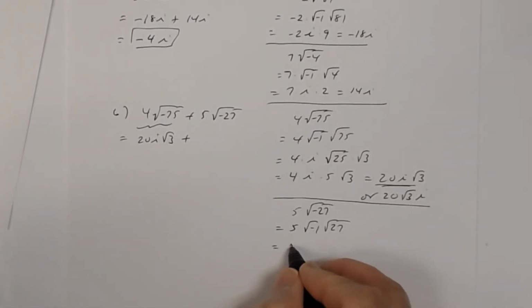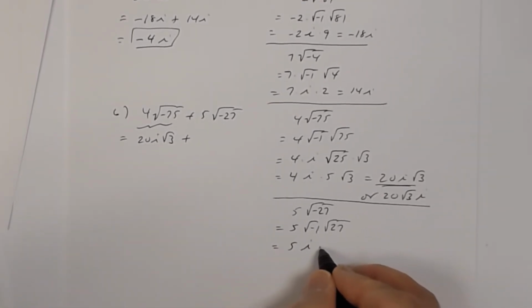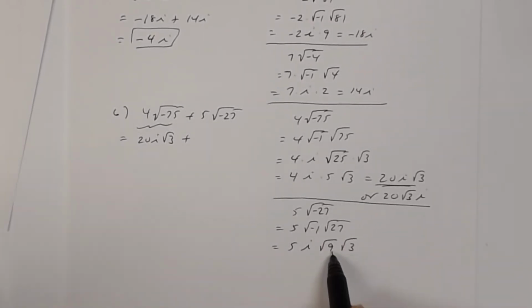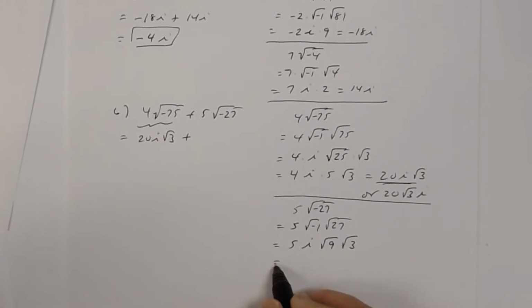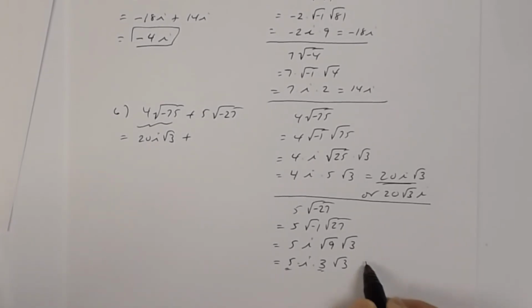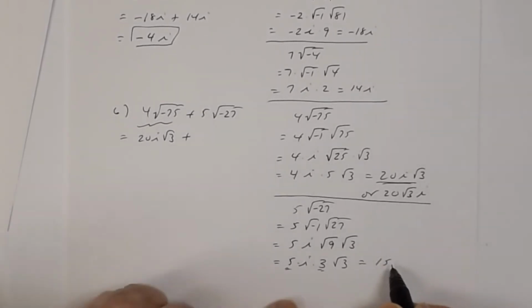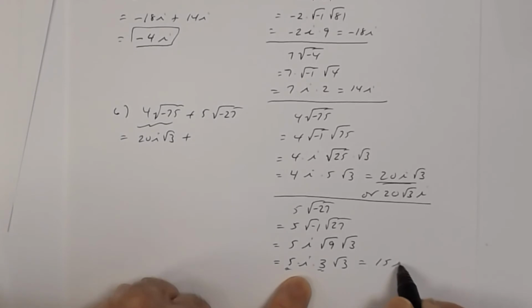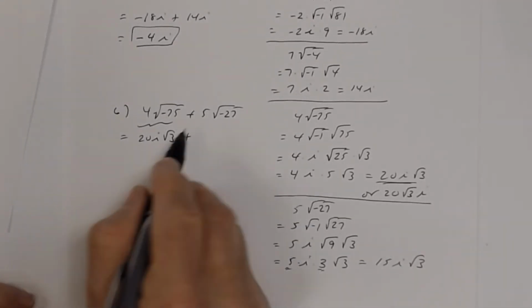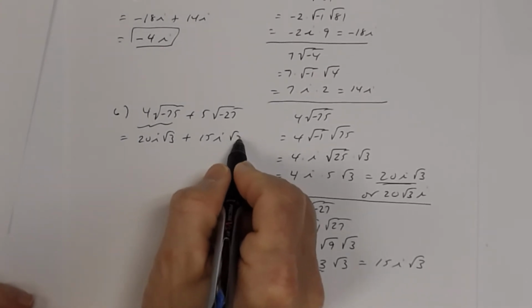So this becomes 5 times I times the square root of 9 times the square root of 3. And then we know that 9 is a perfect square now, so that becomes 5 times I times 3 times the square root of 3. And so 5 times 3 is 15, so this becomes 15, and then you put the I next, and then you put the square root last. And so that goes here, so that's going to be 15I square root of 3.